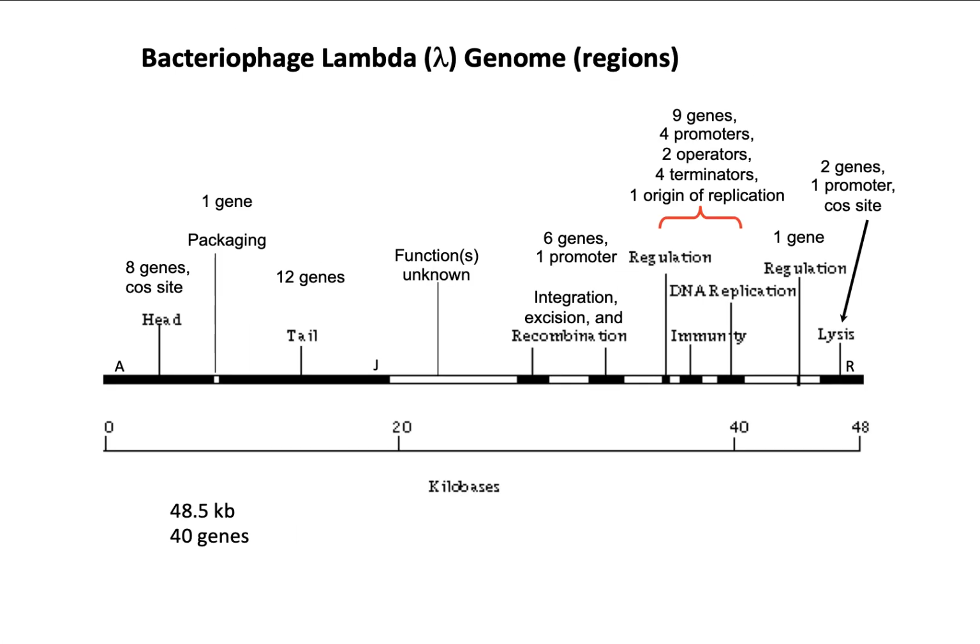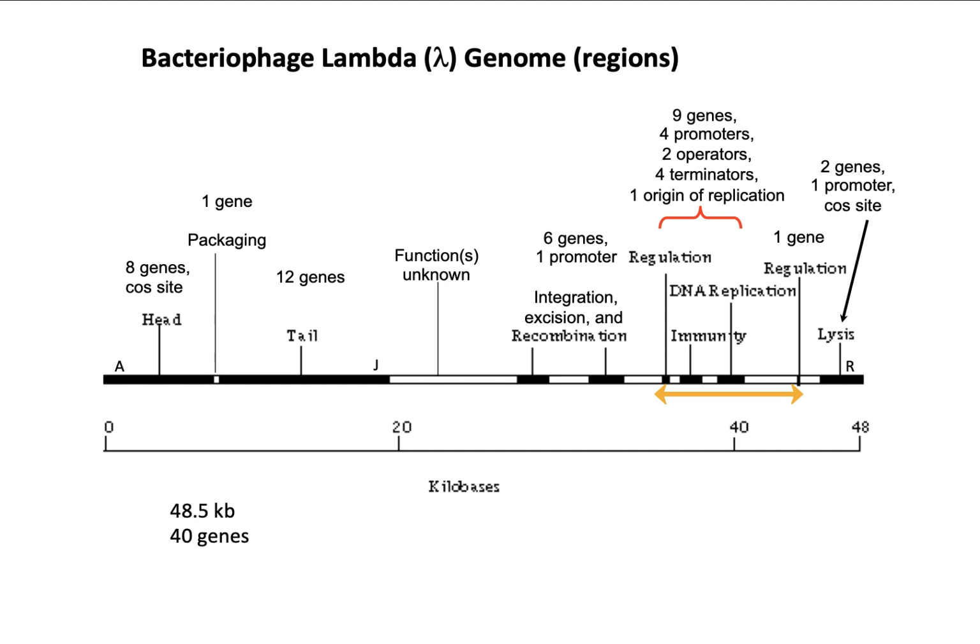So this diagram just lays that out and sort of groups things so we can talk about them a little bit. The genome is 48.5 kilobases in length, containing 40 genes. And again, on the left-hand side, you see the head and tail genes, and then one gene for packaging. On the right-hand side, you see the gene for lysis.